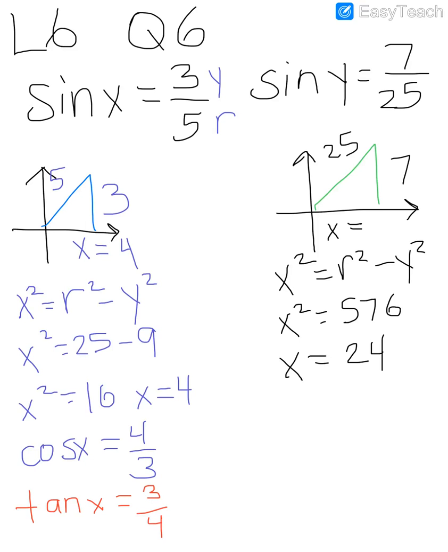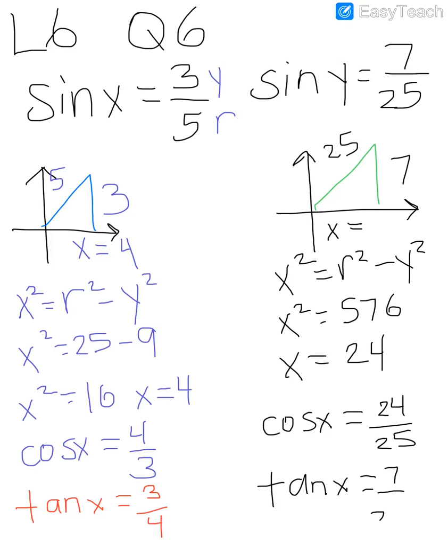Now that I have my x value, I could write down what the cos of y is equal to. So cos is x over r, which would be 24 over 25. And the tan of y, which I will need, is equal to, so tan is y over x, so that would be 7 over, what is x? 24.